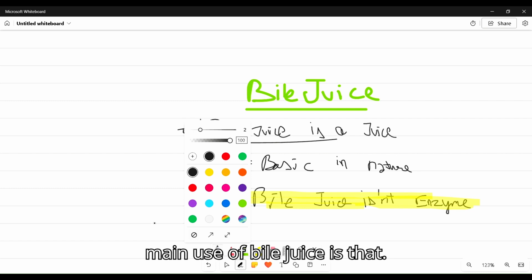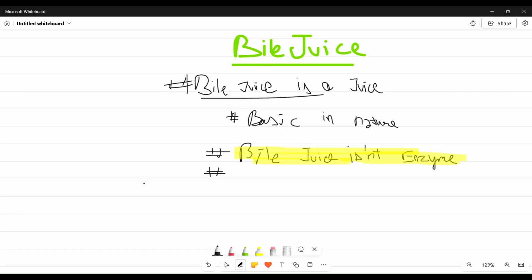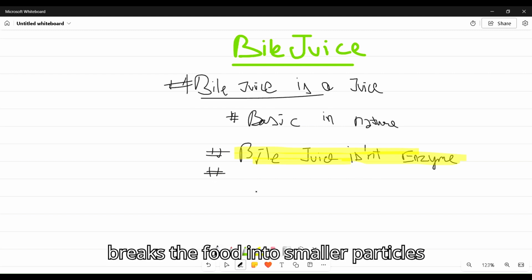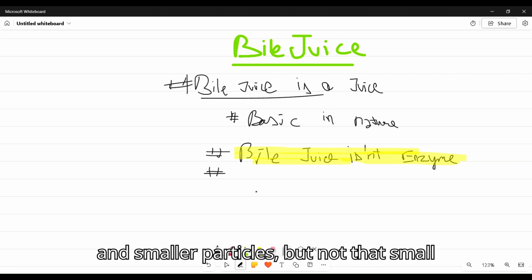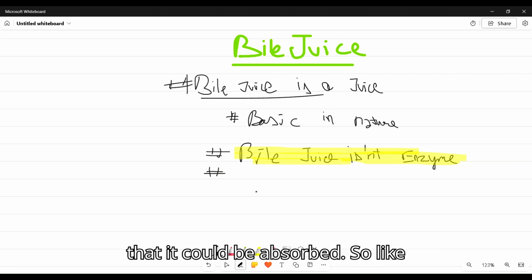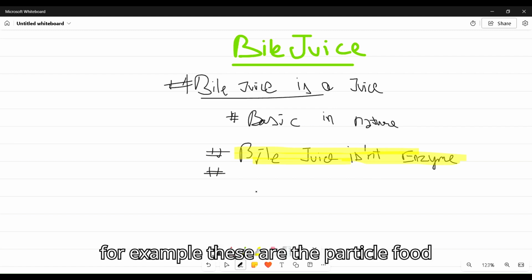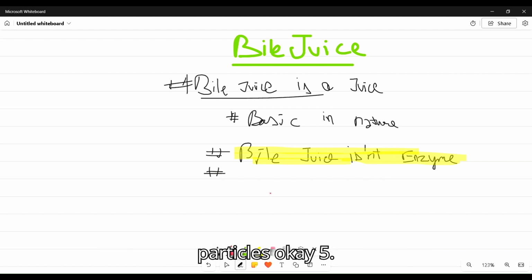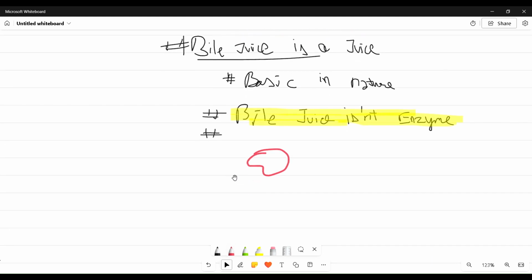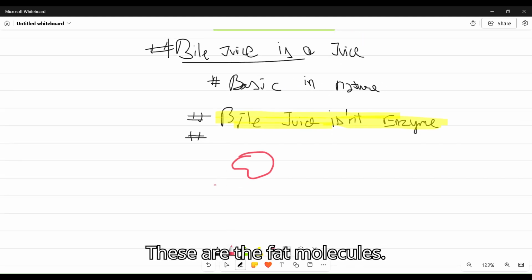The main use of bile juice is that it helps in digestion. How? It breaks the food into smaller particles, but not so small that they could be absorbed. For example, these are food particles, fats. These are the fat molecules.